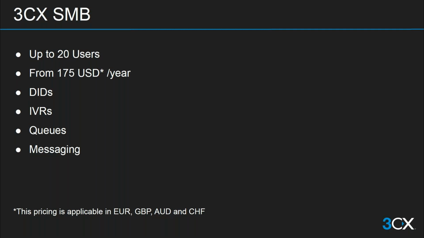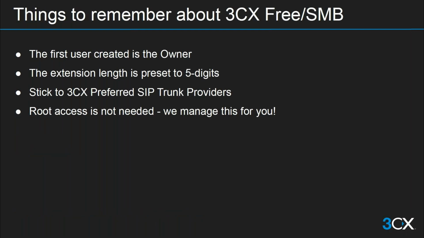So that is additional to the free version and gives you a little bit more functionality for call routing. $175 per year is roughly 15 to 20 US dollars per month. Yeah, of course that's not Australian dollars. There are then different pricings.